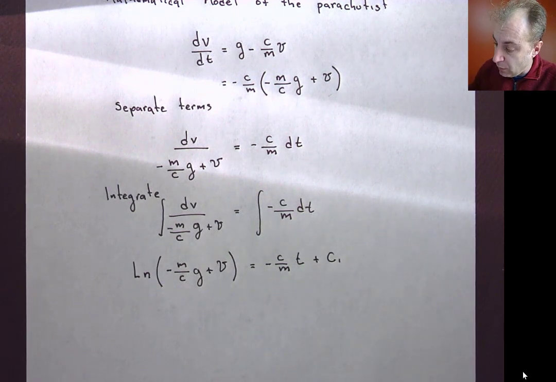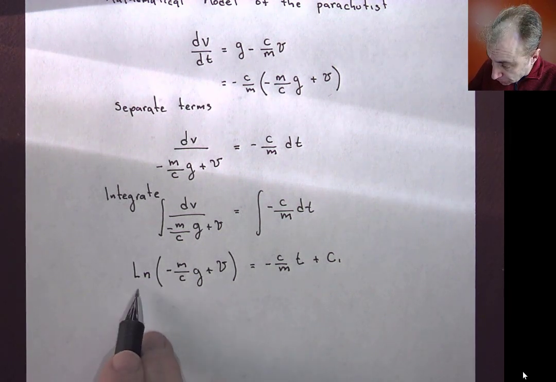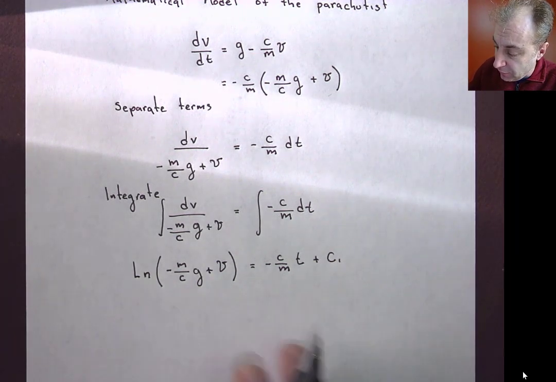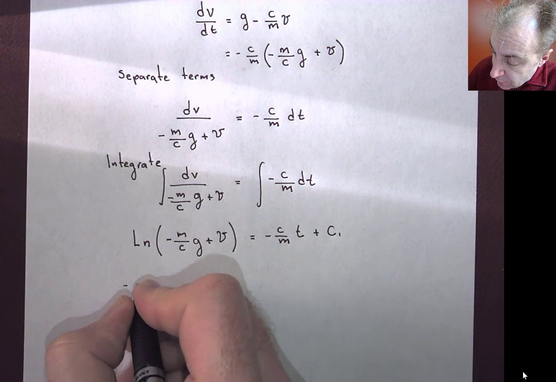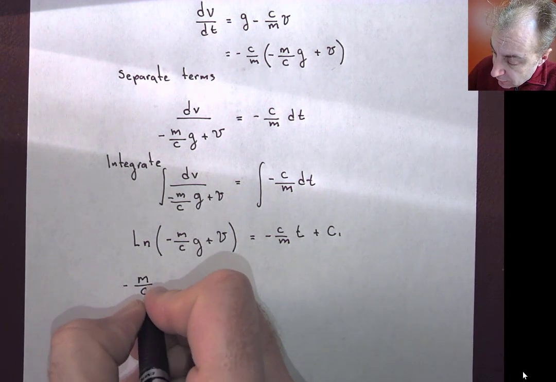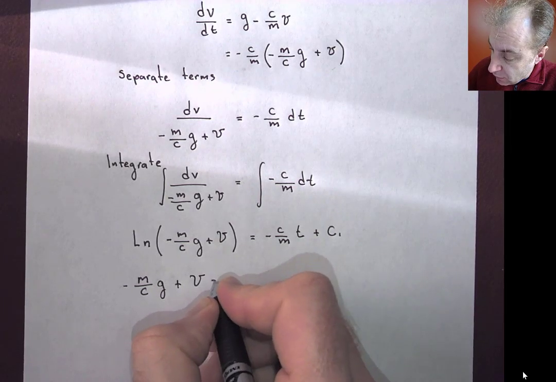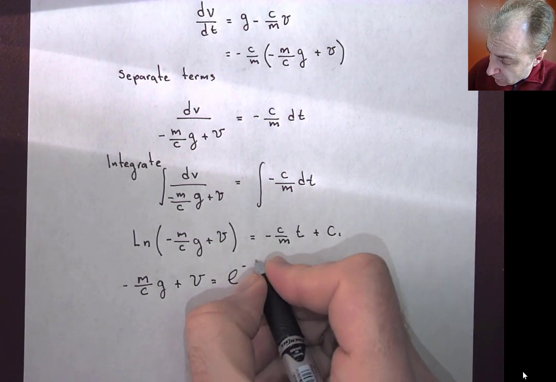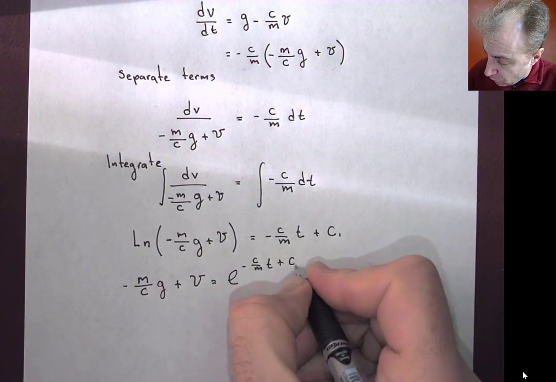Let's call it c1 to differentiate from that c. And so now we can take the exponential on both sides to get rid of the natural logarithm, and we get minus m over c times g plus v is going to be equal to e to the minus c over m times t plus c1.